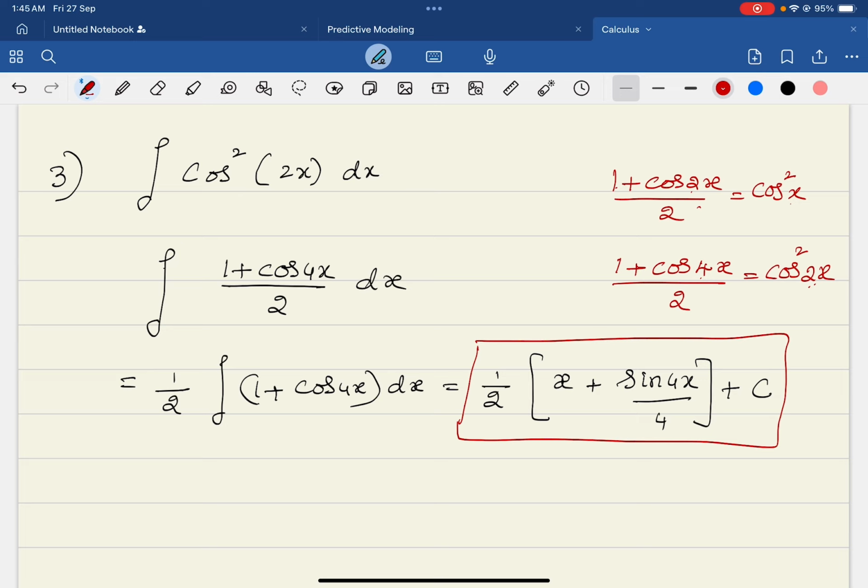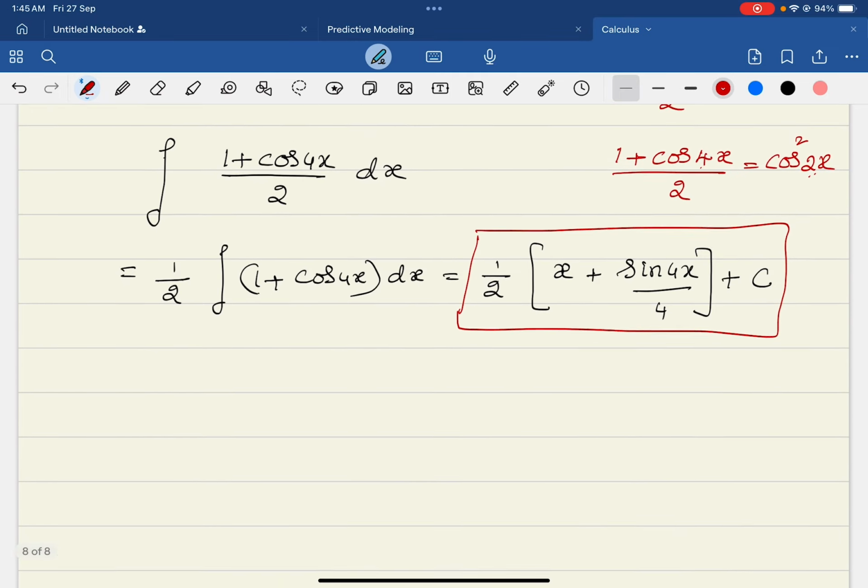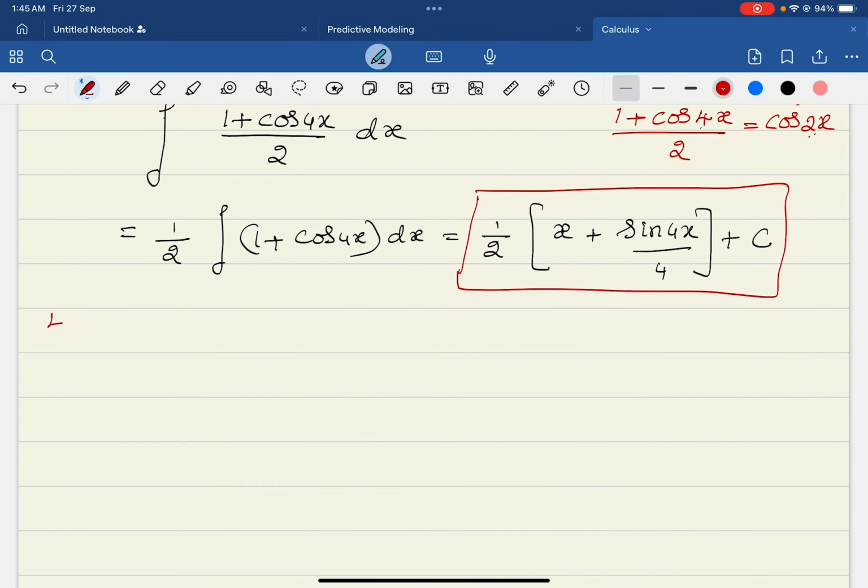So let us now go to do some more problems in this method of substitution. Let us take the fourth problem: integral of secant square of (3x plus 2) dx. Then what is the substitution here?